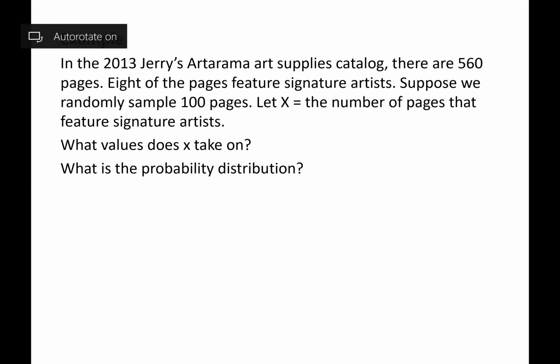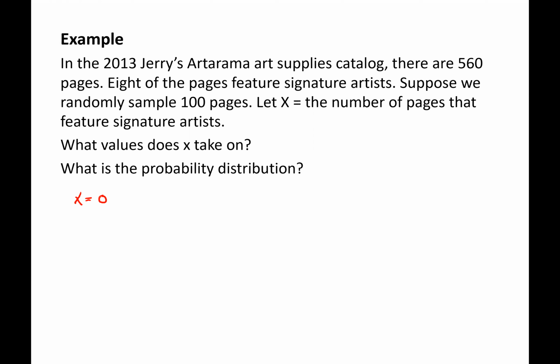Well, what values would X take on? Well, if we randomly selected 100 pages from this catalog of 560 pages, we could potentially not see any pages that featured a signature artist.